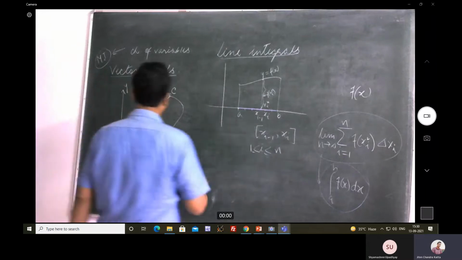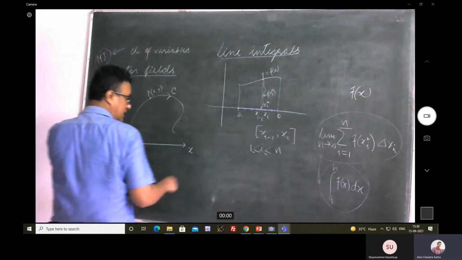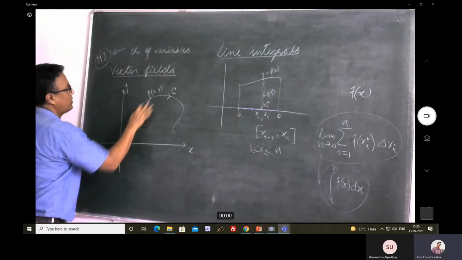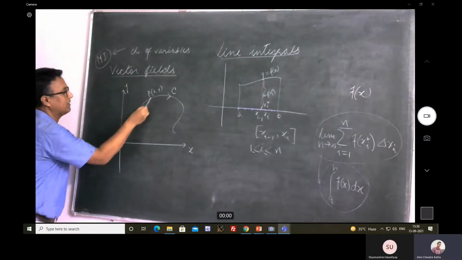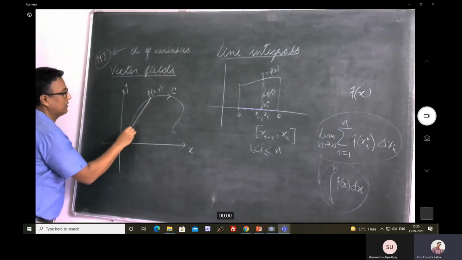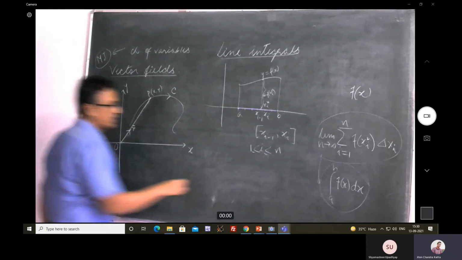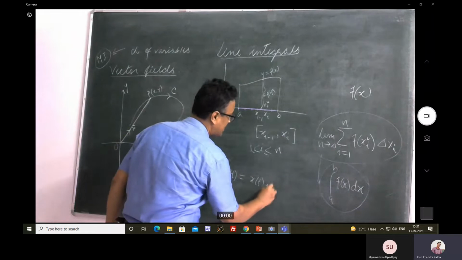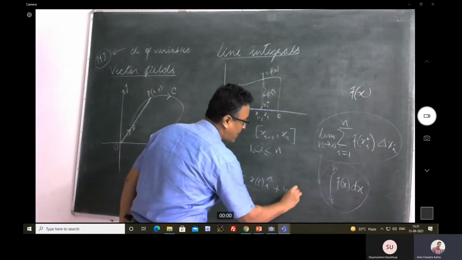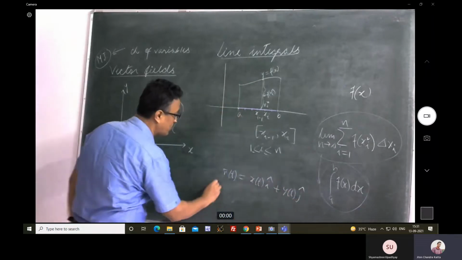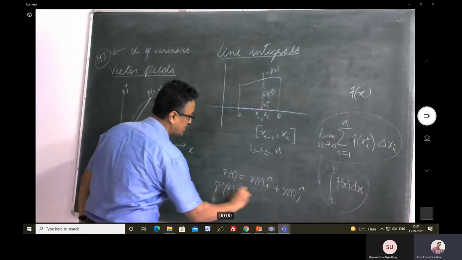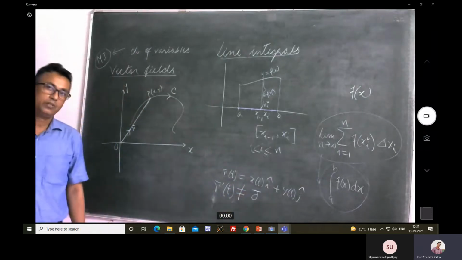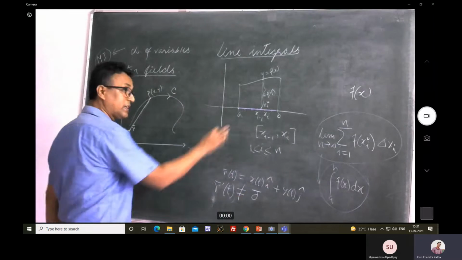That means at each point P we define the vector r of t, which is simply x of t i plus y of t j, and I assume that r prime of t is not equal to the zero vector.